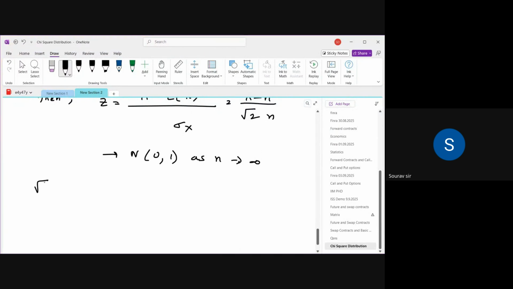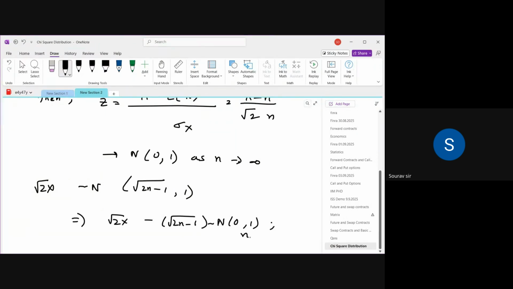Root 2x minus root 2n minus 1 tends to N(0,1), for n greater than 30. These are the important properties of the chi-square distribution.